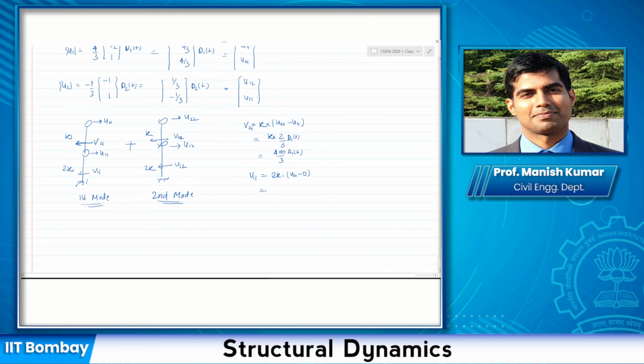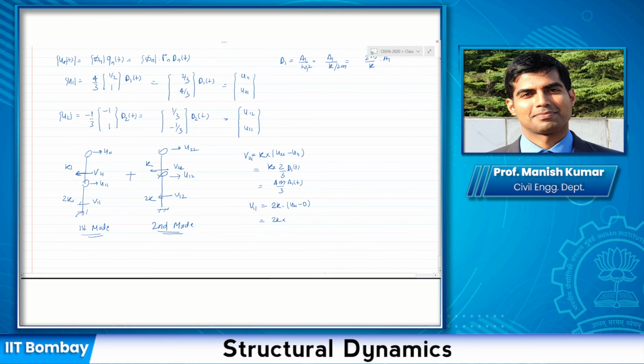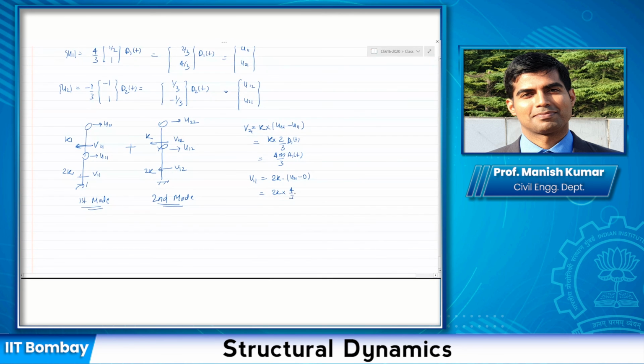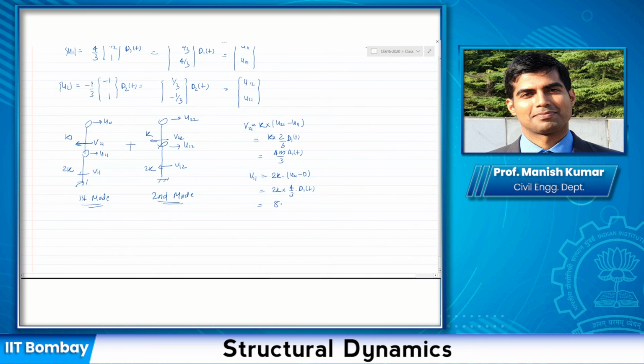So that is 2K times U21, which is 4 by 3 times d1t. Again, I will write d1t as this quantity here, to get this one as 8m A1 by 3.